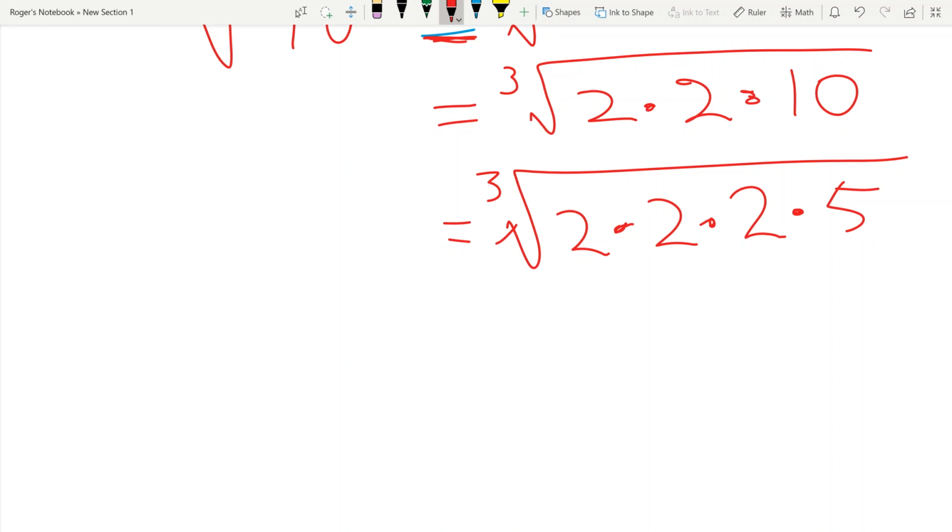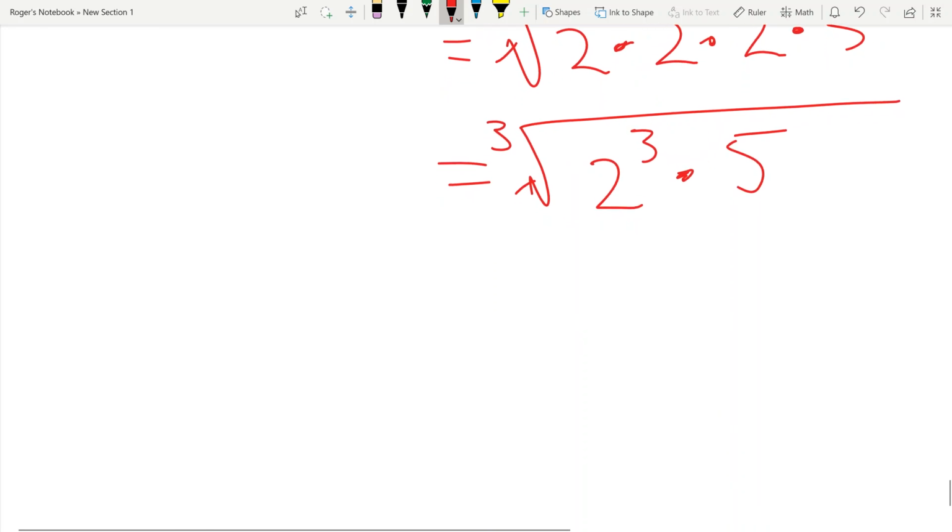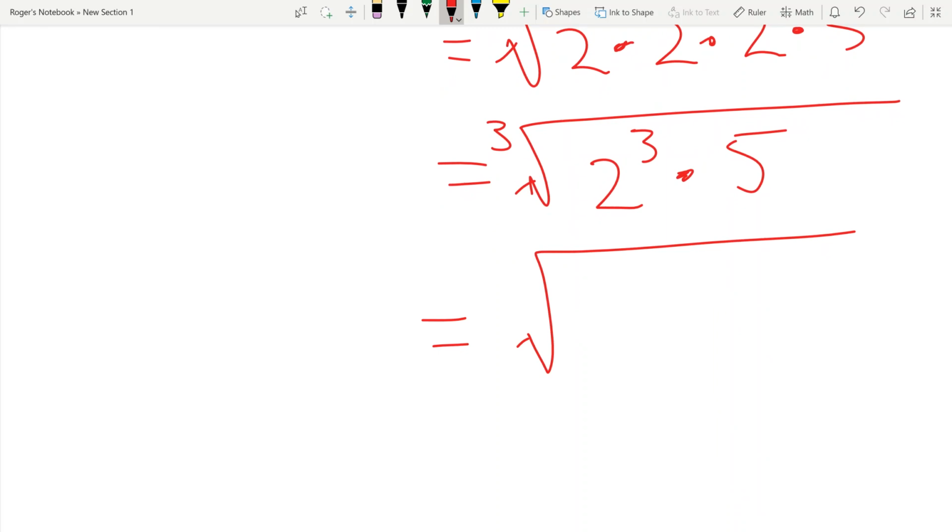So let's go ahead and write that out. This would then simplify down to the square root, or sorry, the cube root of 2 cubed times 5, which in the end is just simplified to the following.